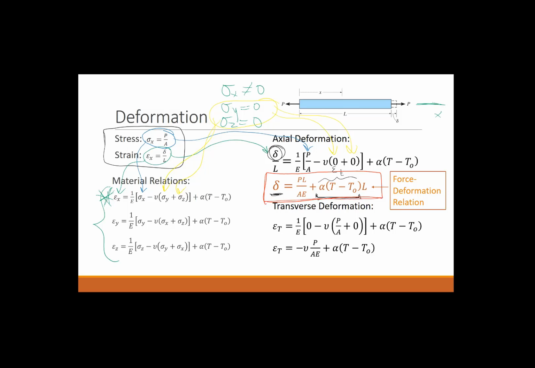And if you'd like to memorize it, you can. But what I'd really prefer is that you know these things on the left-hand side that we've been talking about for the last month, and that you then are always able to get this equation for deformation because you know that you can just plug in the values of normal, or the equations for normal stress and normal strain into this material relations equation, and it will give you this.